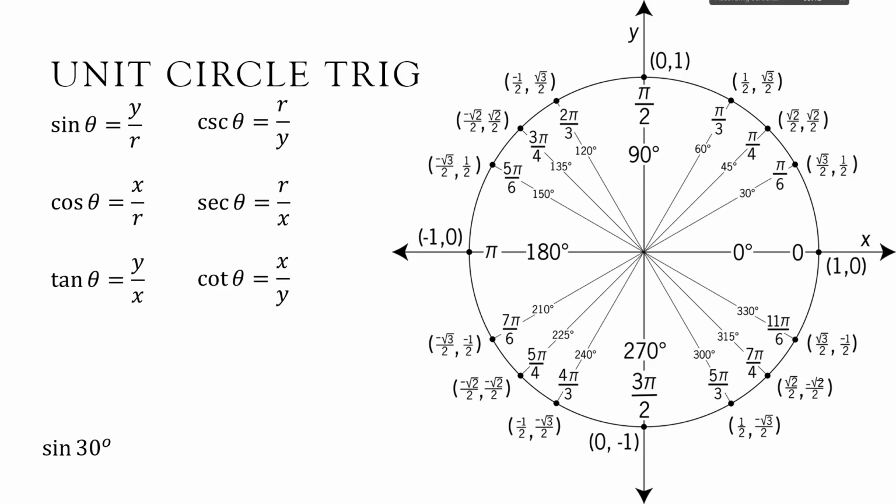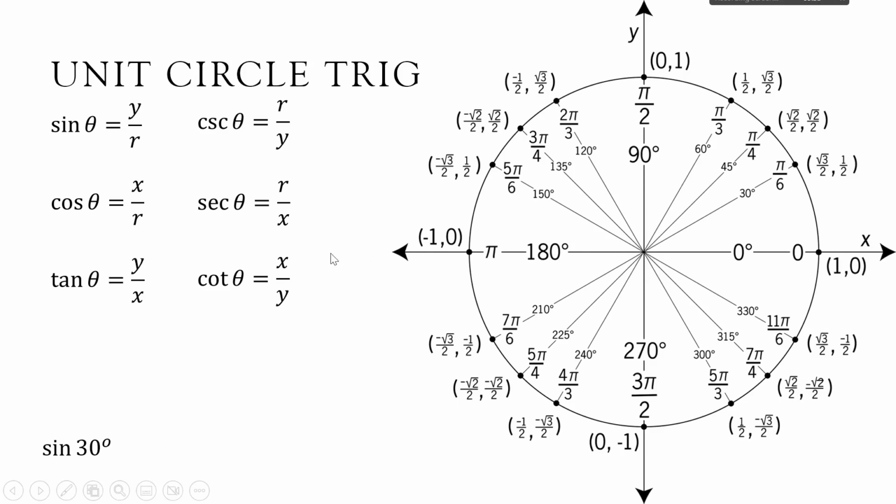Well, we know how to do this from before on a 30, 60, 90 triangle. We could use that method. But again, today we're looking at an alternative way to deal with sine of 30 degrees. Depending on your preference, you might use the unit circle method, or you might stick to the right triangle method. Whichever is your own preference. We will soon learn that they're actually the same thing, just from a different point of view.